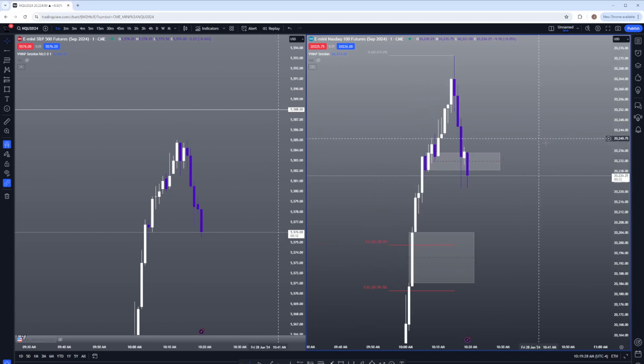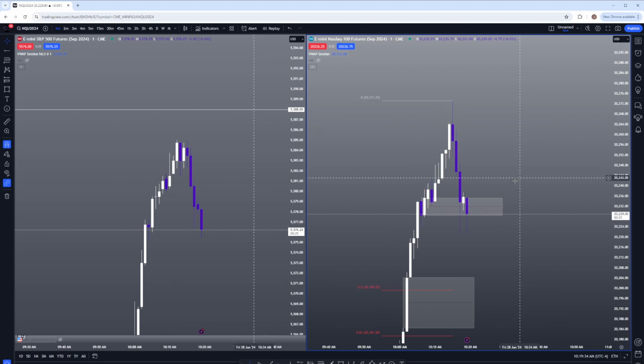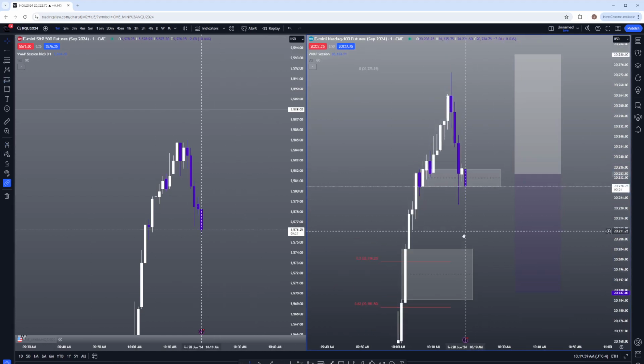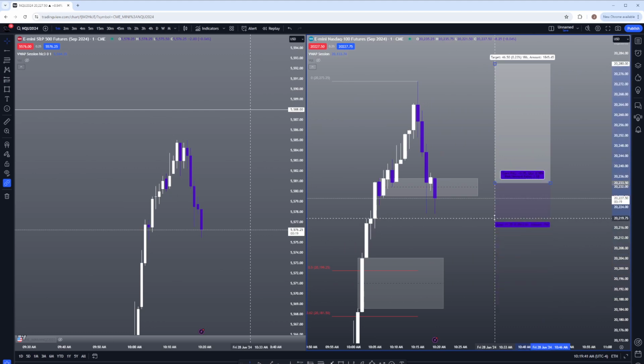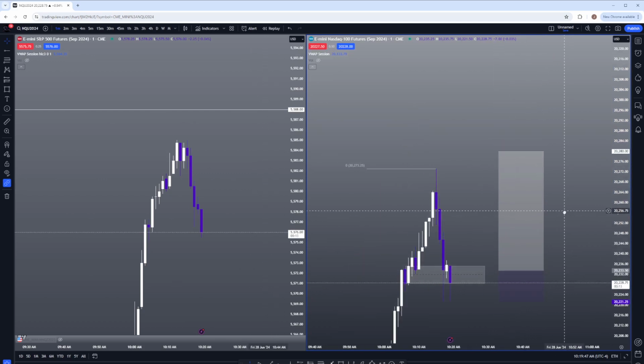But when I see a range like this and I see a strong pullback, I am looking for that good opportunity to jump back into the longs. Sometimes I do want to wait for us to come back down into a discount. And here's the deal.